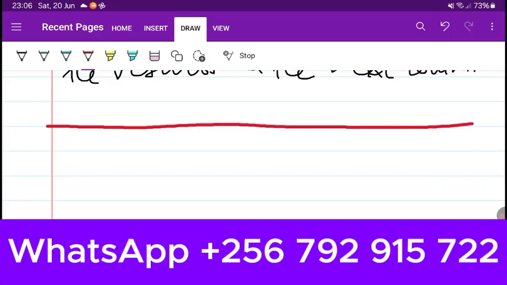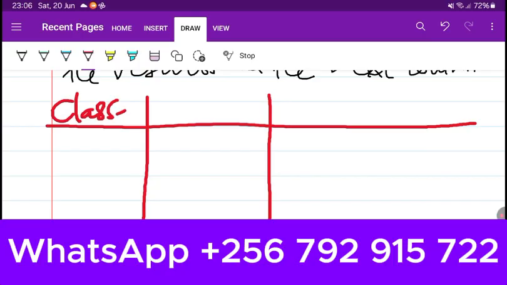Remember, the table has to have columns and rows. So this is the first one, this is for the tallies, and then the last one. Of course, here we have classes. Then we have the tally, then we have the frequency.